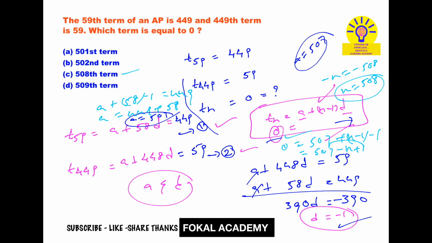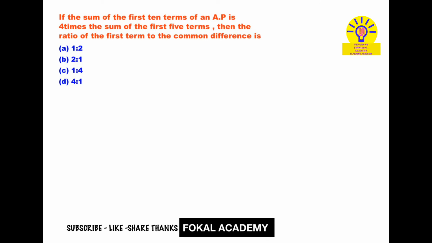Come to the next problem. See the problem. If the sum of the first 10 terms of an AP is 4 times the sum of the first 5 terms, then what is the ratio of the first term to the common difference? We know that for the sum of n terms, the standard formula is Sn is equal to n by 2 into 2a plus n minus 1 into d.